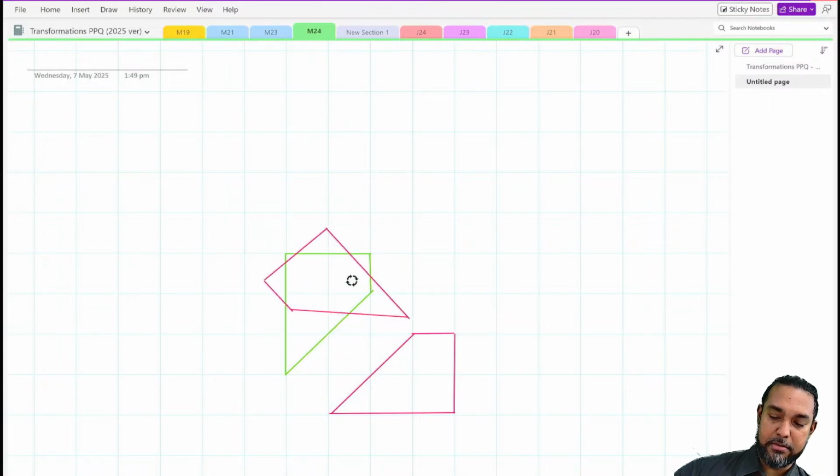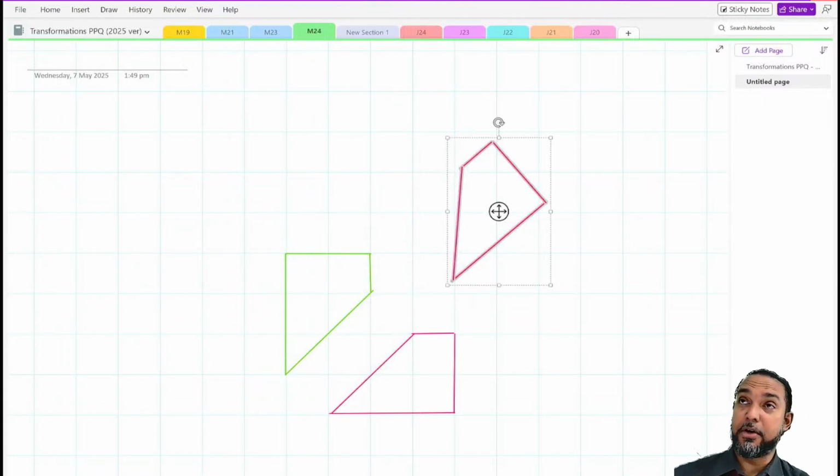It's not matching up like that, right? So unfortunately, it's not a rotation.